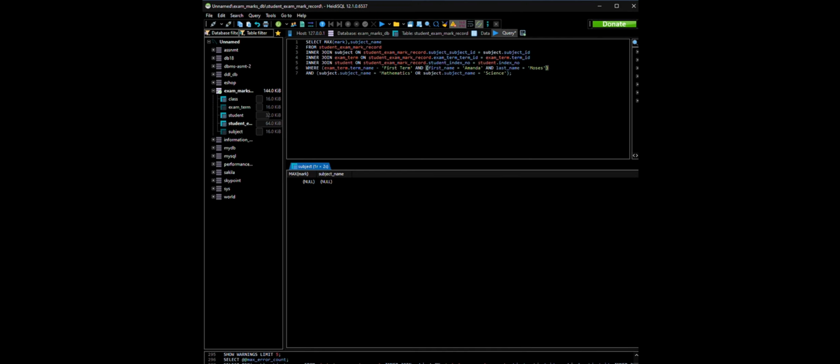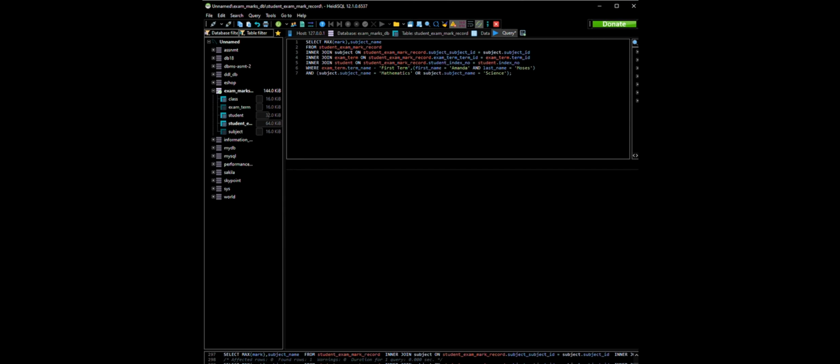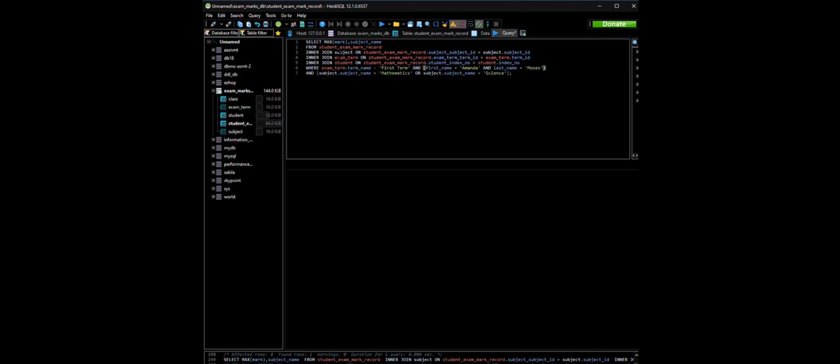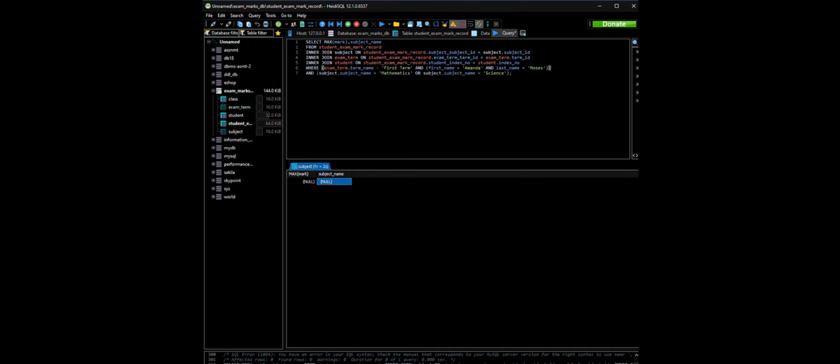So yeah, we close that double bracket there and then where, if you put a comma here, I think it should be alright. Yeah, so there's a problem here as well. So exam term dot term name, so we are not getting the values here.